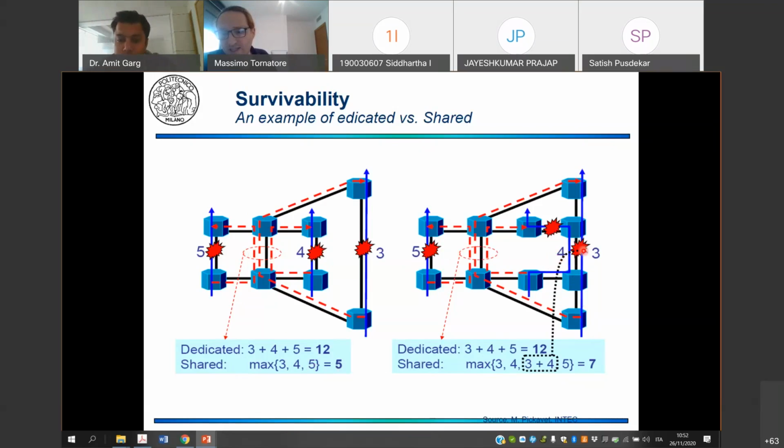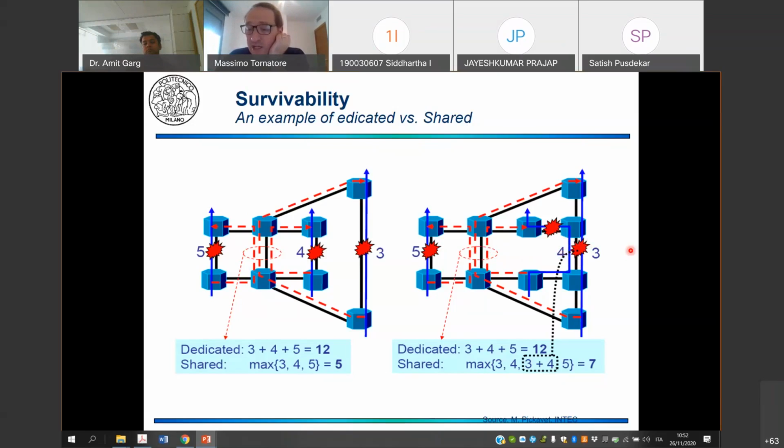So in this case, this link requires 7 units of capacity. So here I will need 7 units of capacity. Okay. So the capacity that I need to deploy is always the maximum capacity that can fail at the same time. The maximum capacity that can fail at the same time is, in this case, 7. Okay.